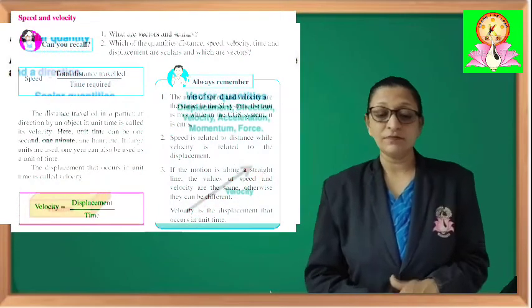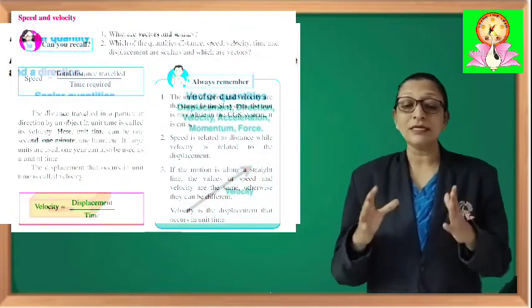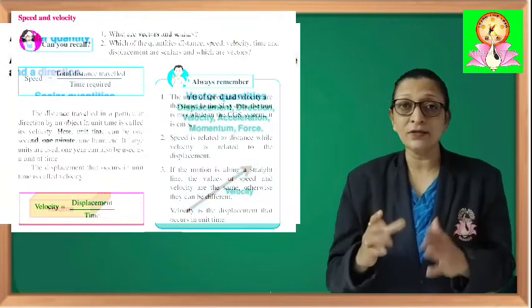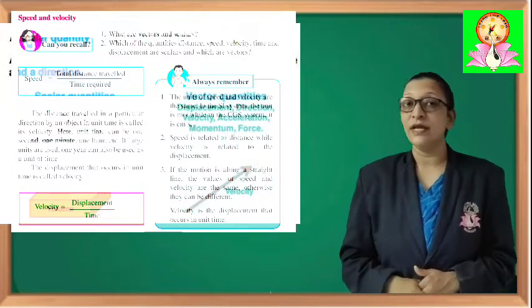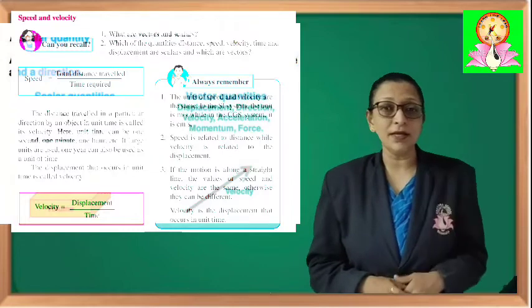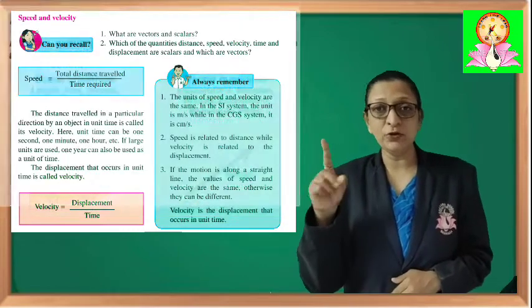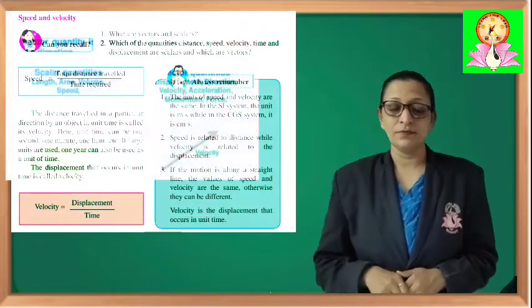So dear friends, a scalar quantity is the quantity that has only magnitude, while a vector quantity is the quantity which has magnitude as well as direction.